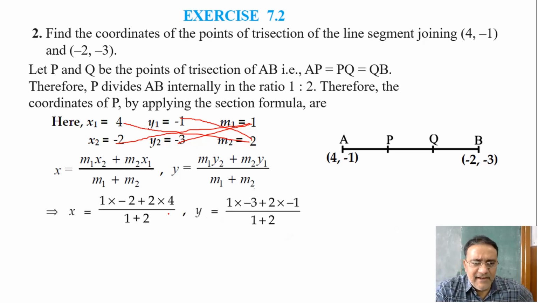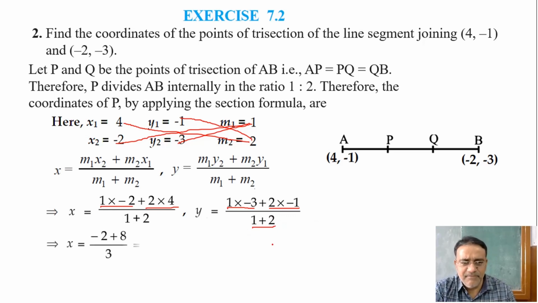We'll find x first: (-2 plus 8)/3 is 6/3, which is 2. For y, (-3 minus 2)/3 is -5/3, not plus. So x is 2 and y is -5/3.